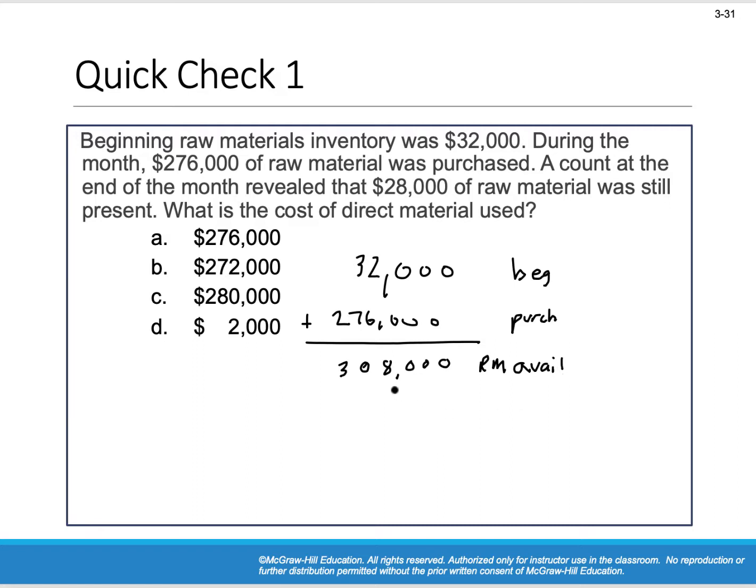Okay, then they tell us that, oh, by the way, we counted raw materials at the end of the month and we have $28,000 left. So this will be the ending balance. So what is the cost then of raw materials used? Well, we just subtract the two.